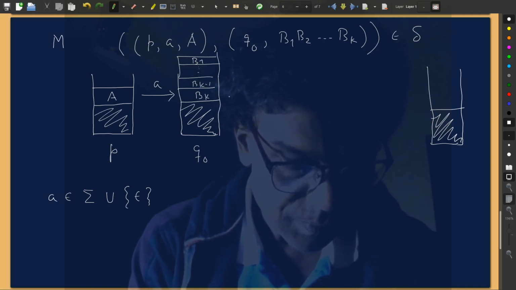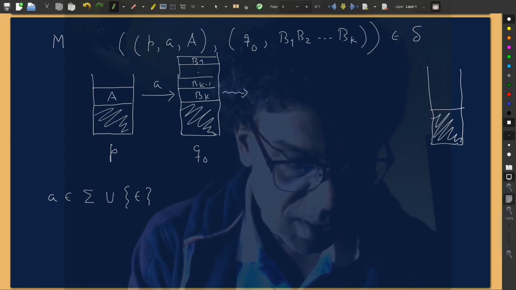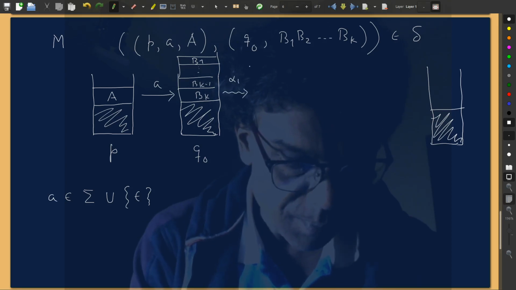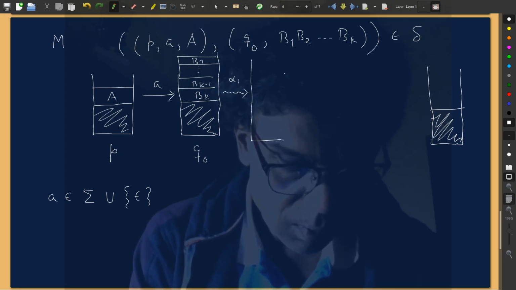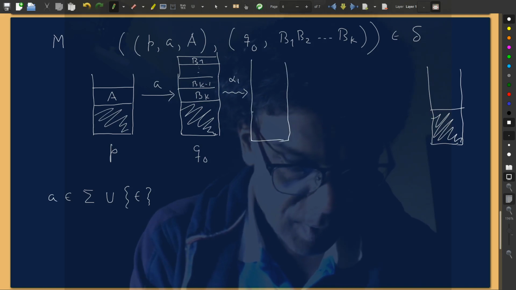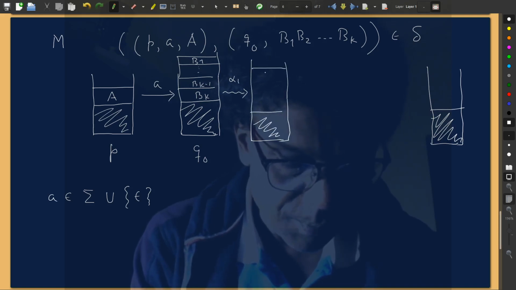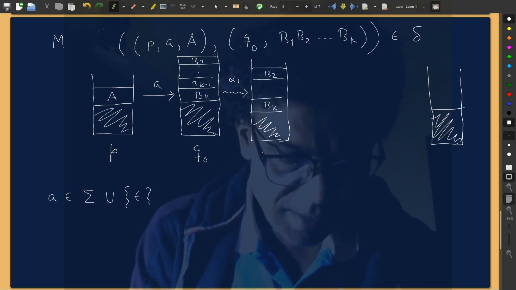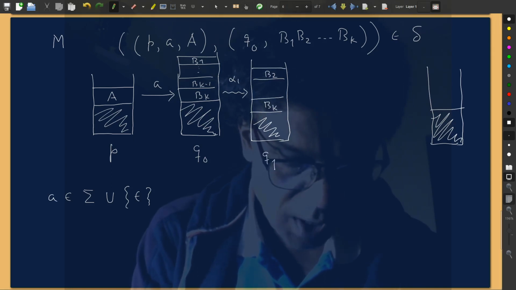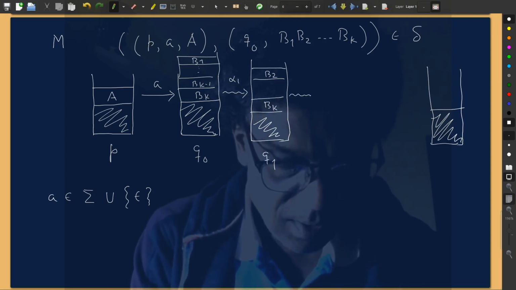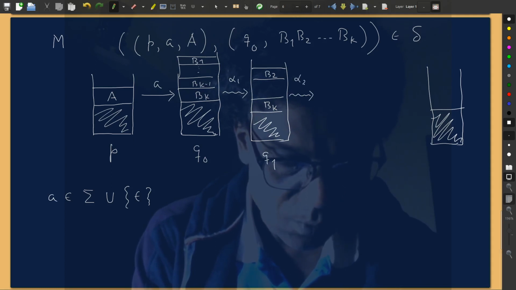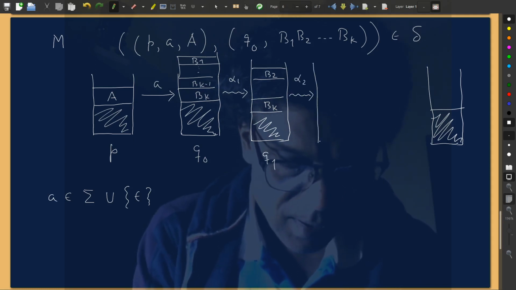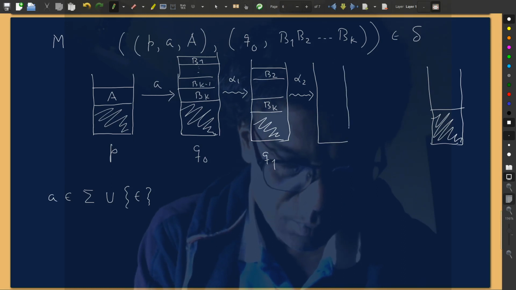So the machine reads something like alpha 1 from the input, and it gets rid of this B1. But B2 through Bk are still there. At that point of time, it may be in state Q1. Then again, it reads something like alpha 2 from the input, and it gets rid of that B2.